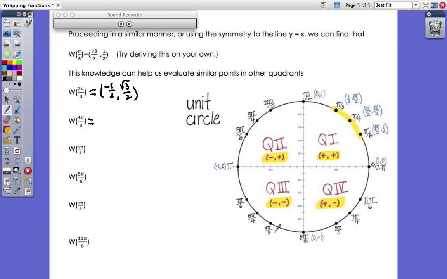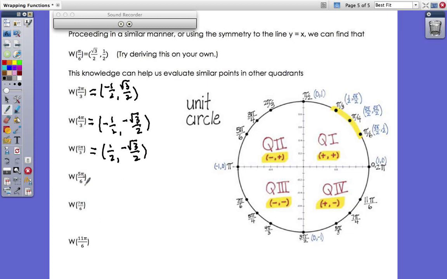Well, it's like the wrap of pi over 3, but its x and y are both negative. So negative 1/2, negative root 3 over 2. 5 pi over 3, same deal, but that one's in quadrant 4. Positive 1/2, negative root 3 over 2.